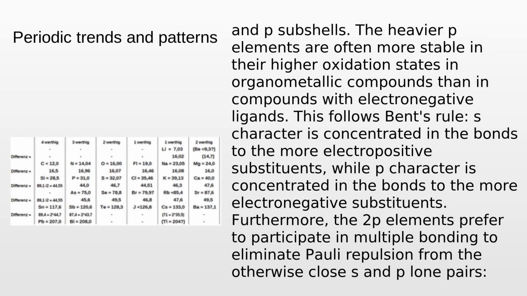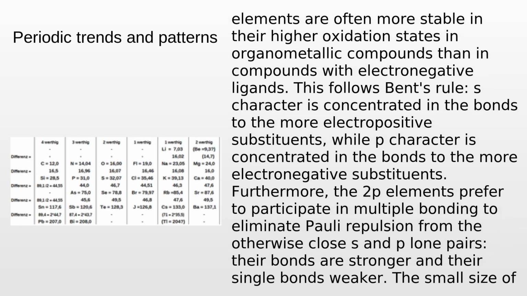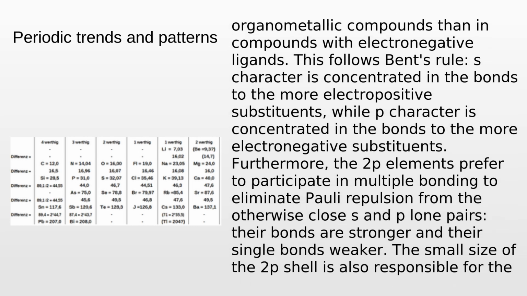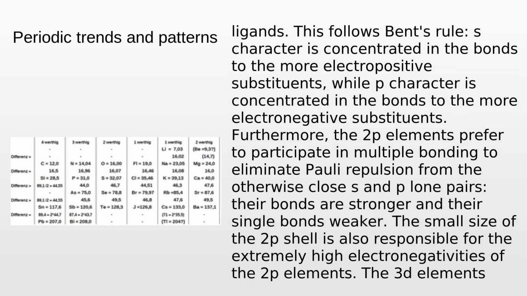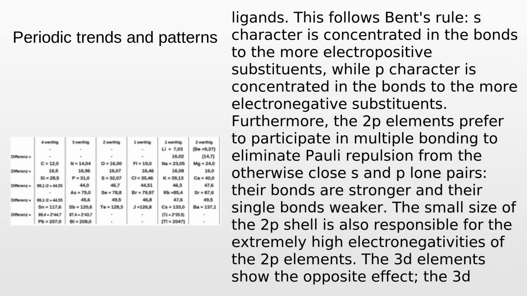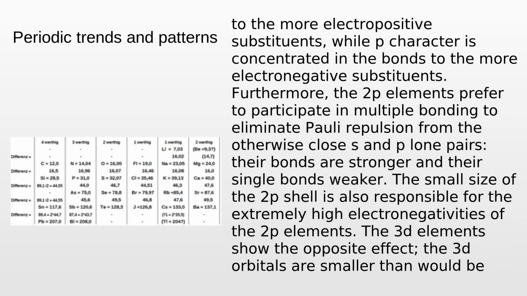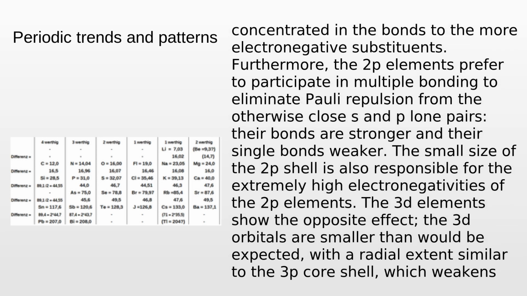The heavier p elements are often more stable in their higher oxidation states in organometallic compounds than in compounds with electronegative ligands. This follows Bent's rule. S character is concentrated in the bonds to the more electropositive substituents, while p character is concentrated in the bonds to the more electronegative substituents.